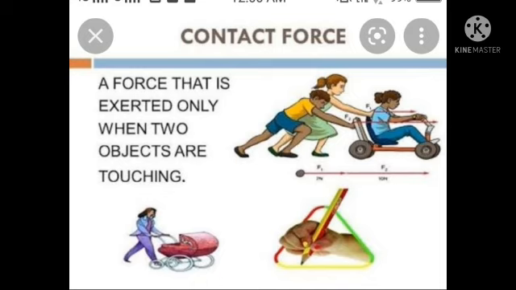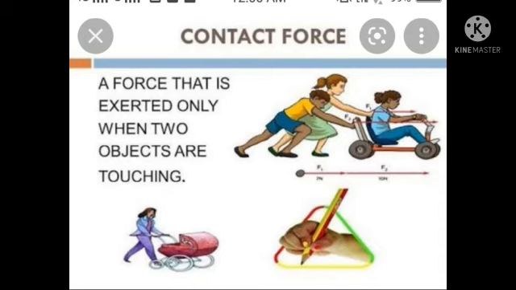As you can see in the above slide, in the first picture the boy and the girl are pushing the cycle. There are two objects, the boy and the girl, and the other object is the cycle. They are directly coming in contact with each other to apply the force.